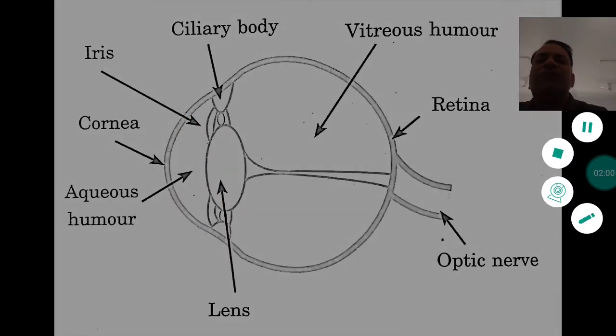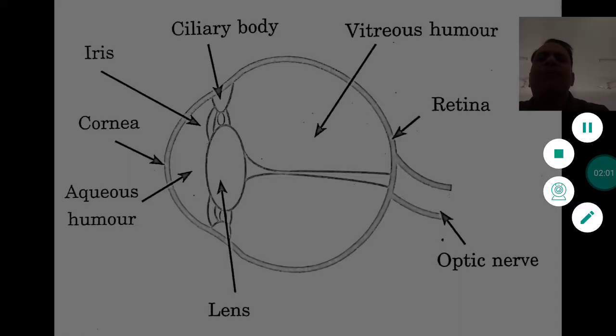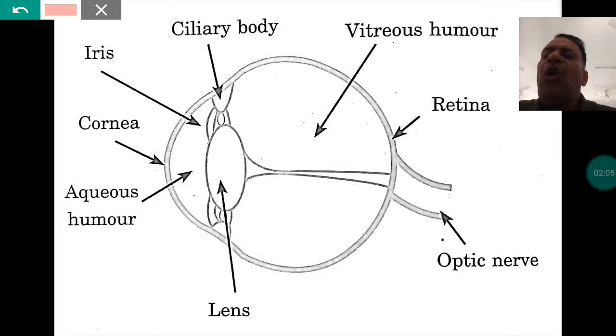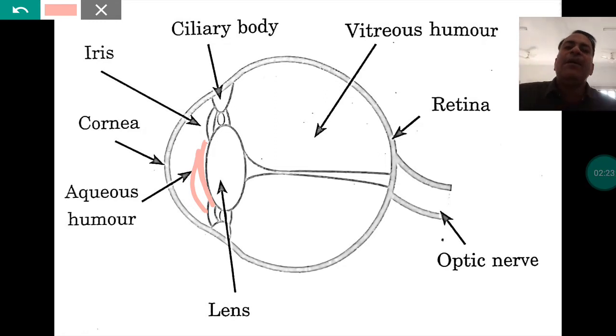Pupil is the name of a small hole. Basically pupil is not an organ, it is basically an empty space. It is a hole in the covering of the lens, and this small hole is known as pupil. Now, what is the role of pupil? It will control the amount of light that is entering your eye.